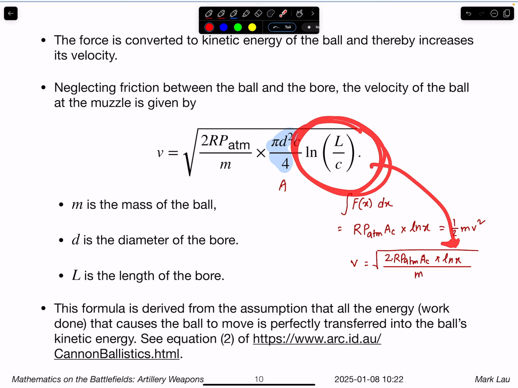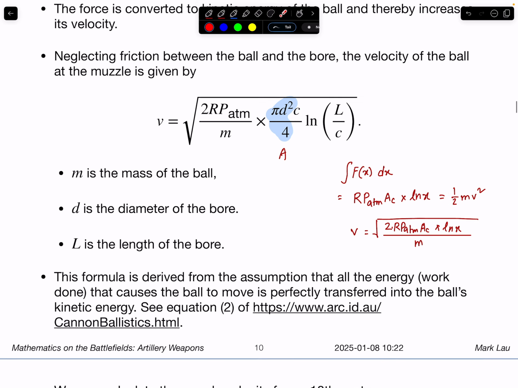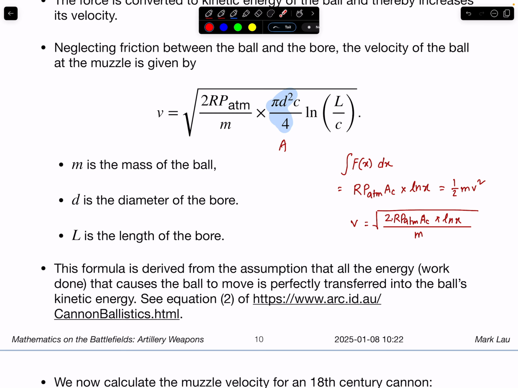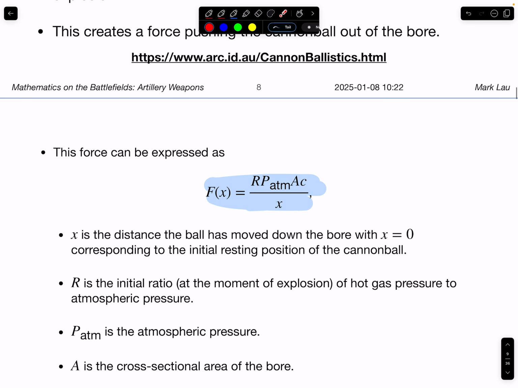Mine is ln x, and the given formula is ln L by C. Okay, so now the question is, what's the difference between L and X? L is the length of the bore, and X is the distance the ball has moved down the bore.